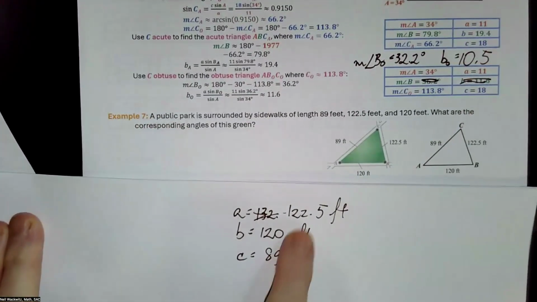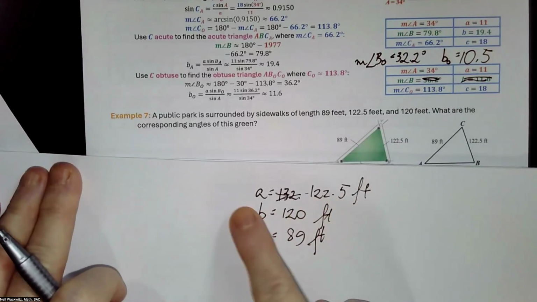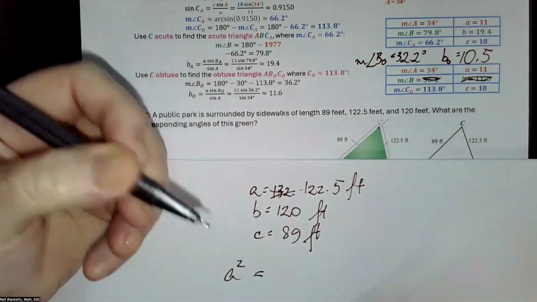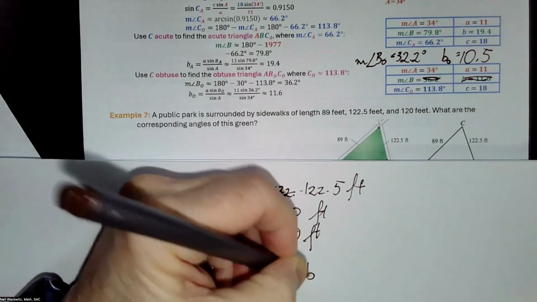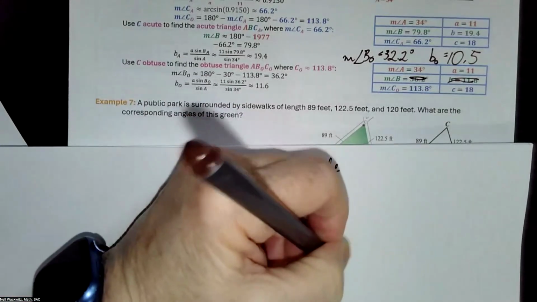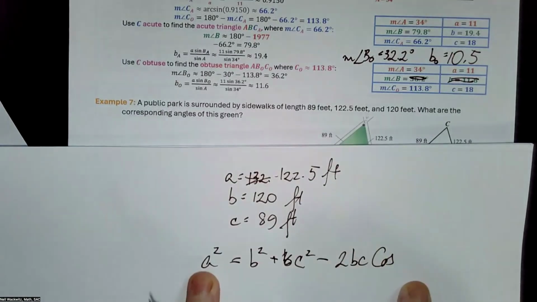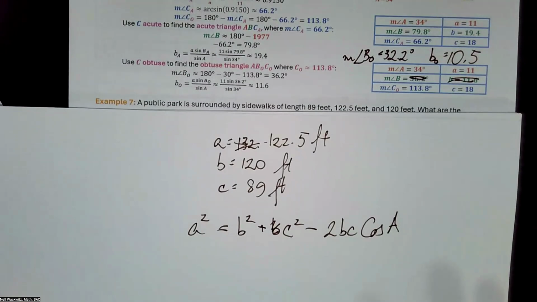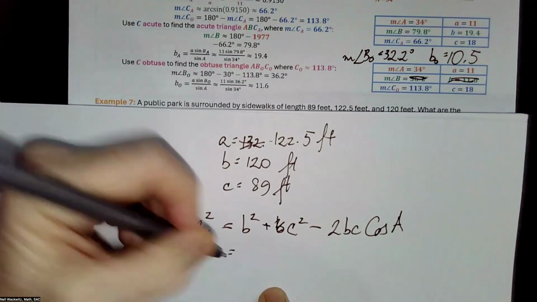Okay, so let's see. The longest side is side A, so I need to start with A by itself. So A squared is the sum of squares of the other two minus the other two multiplied by 2 times the cosine of the angle that matches. All right, well, this is easy.